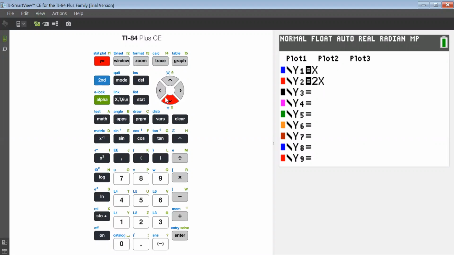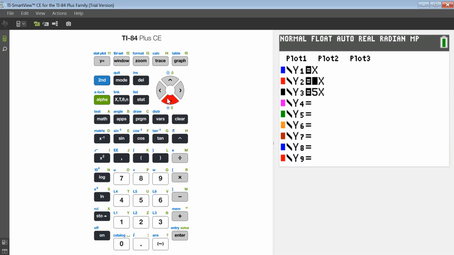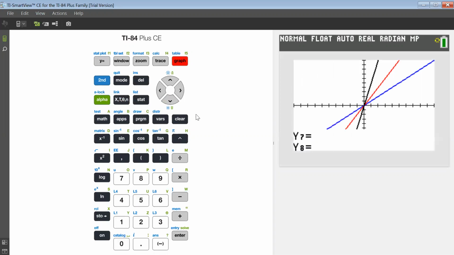If I go down to a black line here and I say 5x, what do you think would happen? It's steeper. So as the rate increases, the blue was 1-to-1, the red was 2-to-1, the black was 5-to-1. So you can probably just guess what 10-to-1 would look like, and it would be extremely steep.